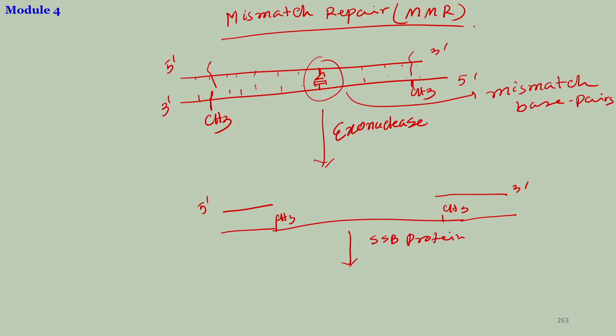Of course, you required the SSB proteins and all sorts of things in the previous ones also, helicase to stabilize, followed by polymerase, and then it will be synthesized discretely.